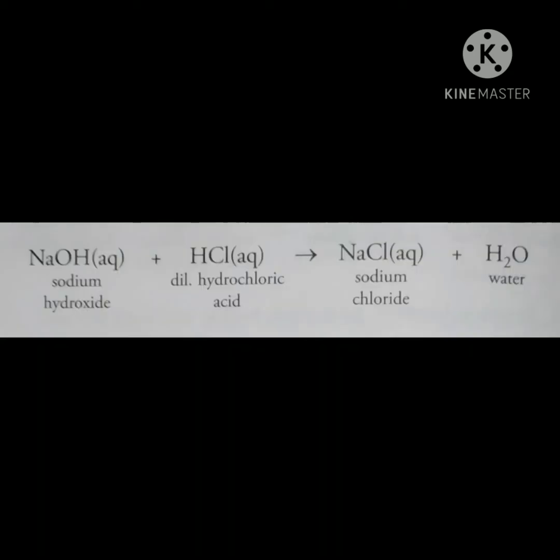So, let's see an example of a neutralization reaction. The reaction between sodium hydroxide and hydrochloric acid. Sodium hydroxide is a base. Hydrochloric acid is an acid. We know whenever a base and an acid react, it gives salt and water. So here sodium chloride is the salt.